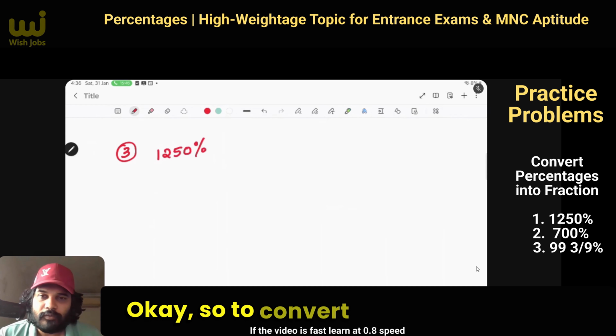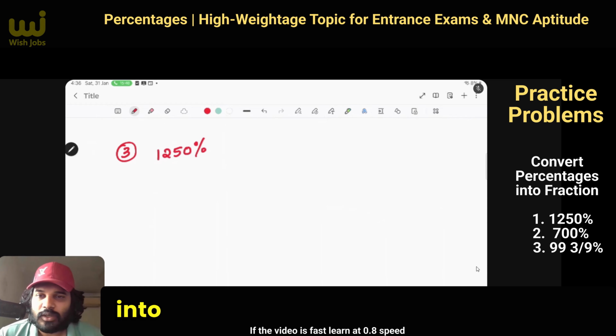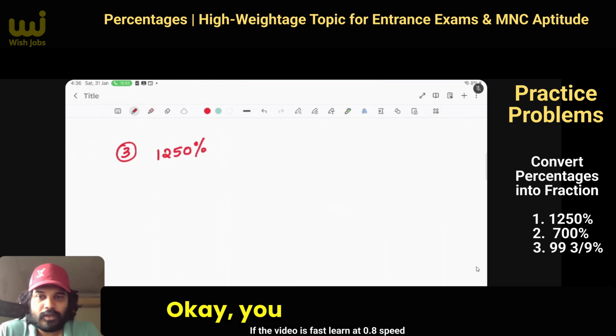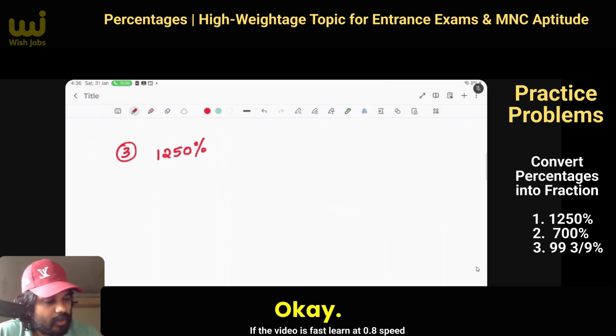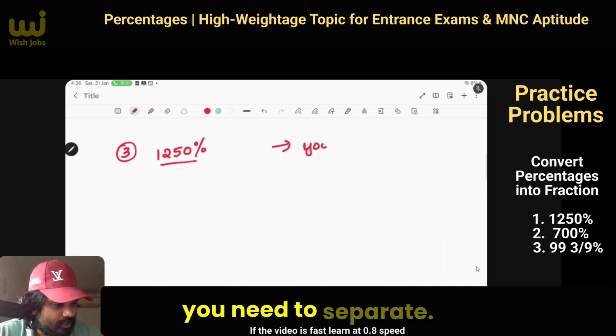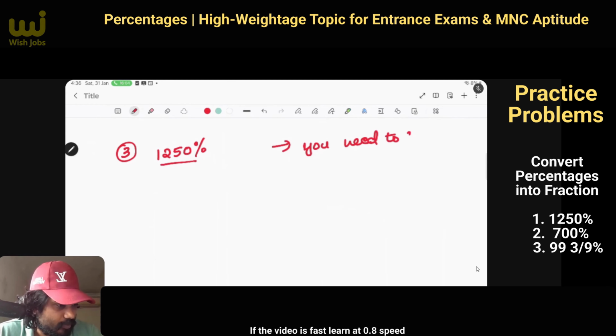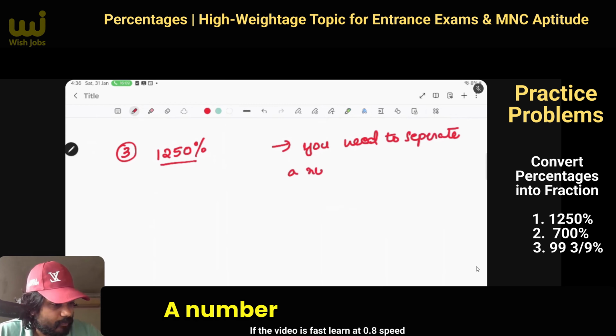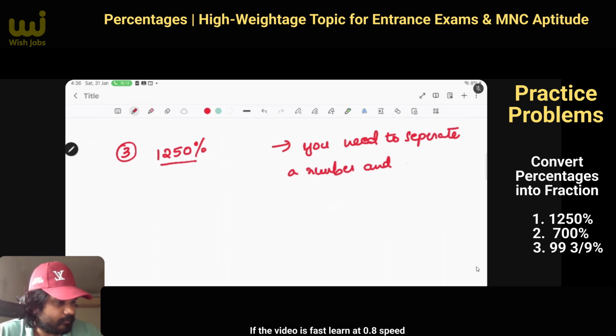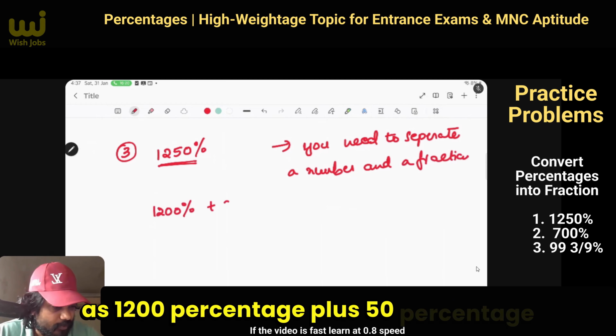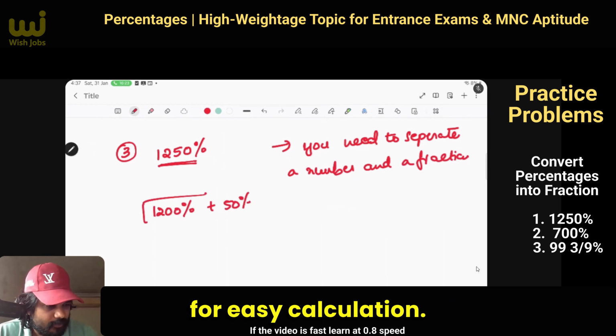Okay. So to convert percentage into fraction, what we need to do? Divide by 100. But try to remember, you need to separate a number and a fraction. So 1250 percentage can be written as 1200 percentage plus 50 percentage for easy calculation.